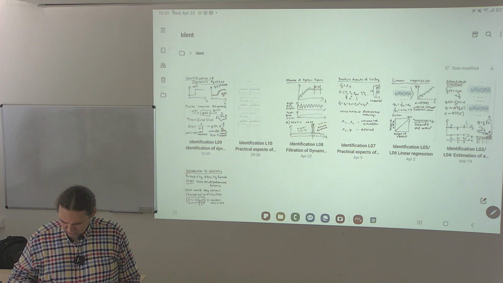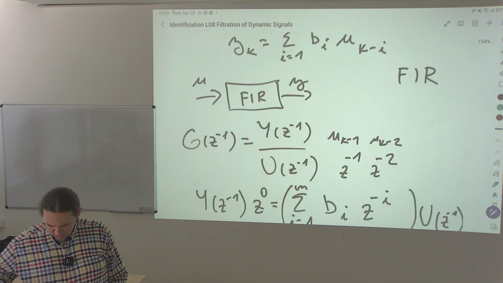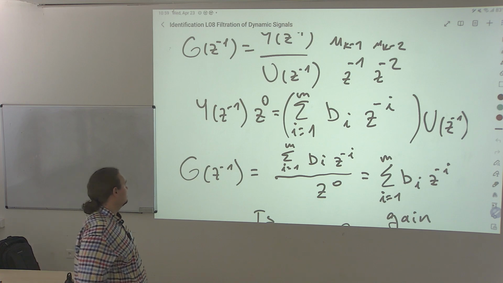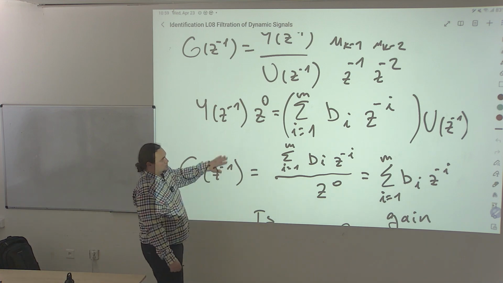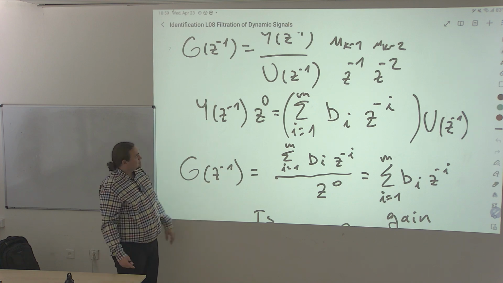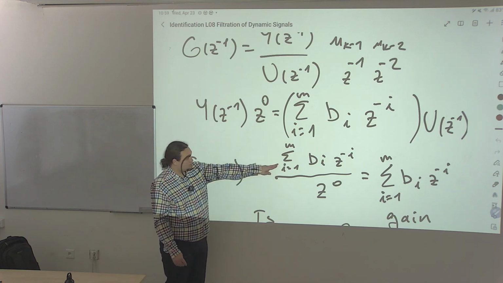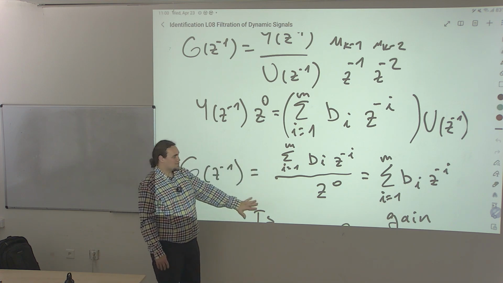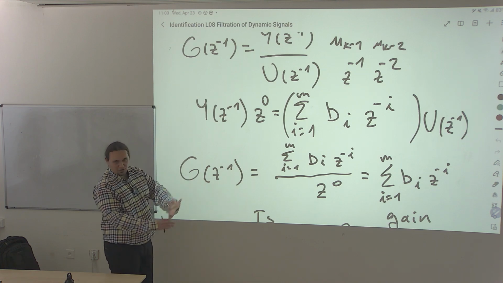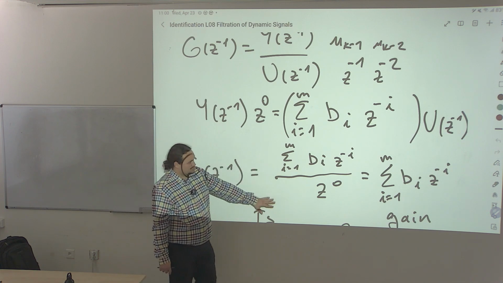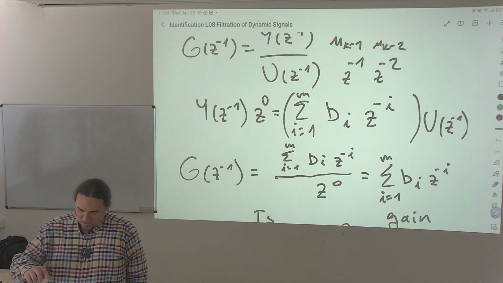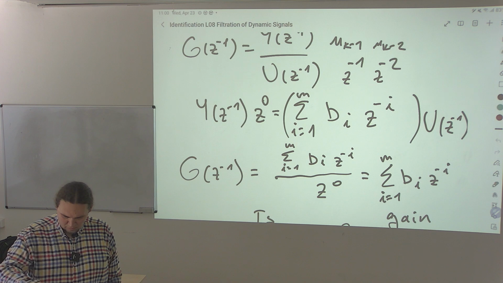First, let's get back and see. Last time we got our transfer function of the FIR model. Yeah, and that one is easy looking, very nice. It's basically just the numerator of the transfer function that you are more used to. There is one in the denominator.